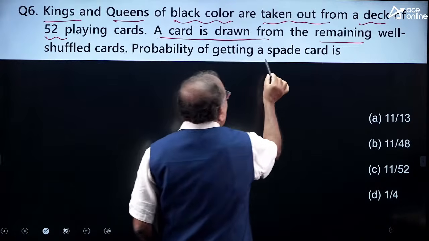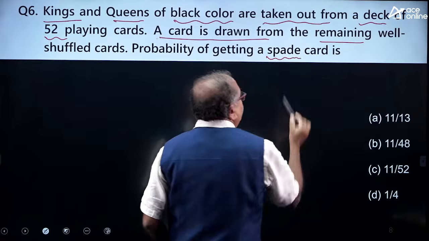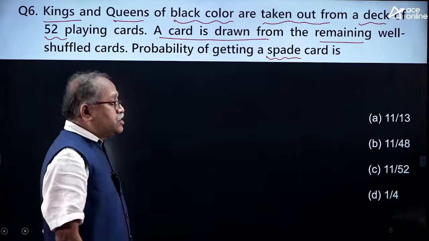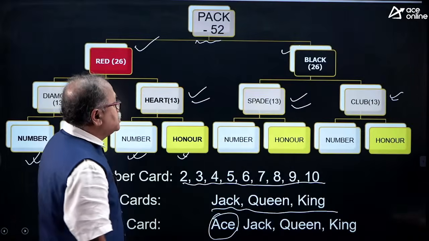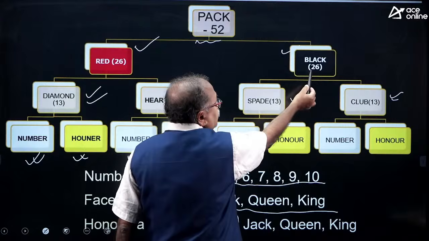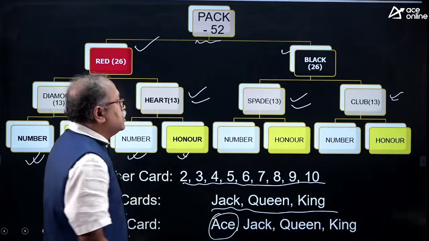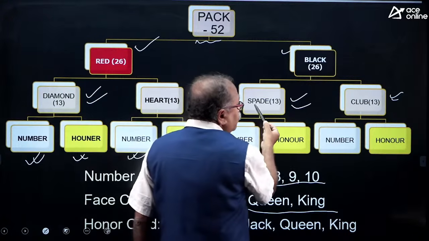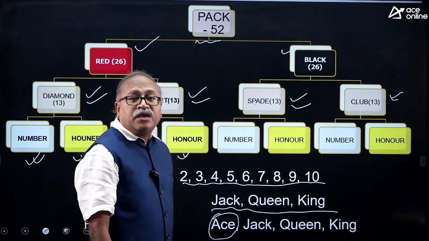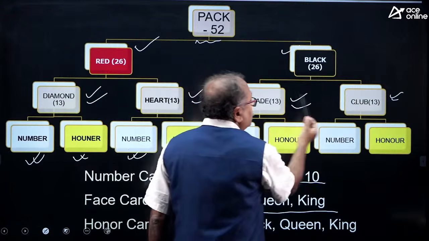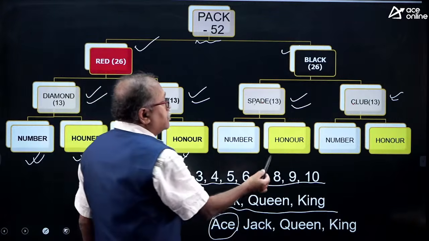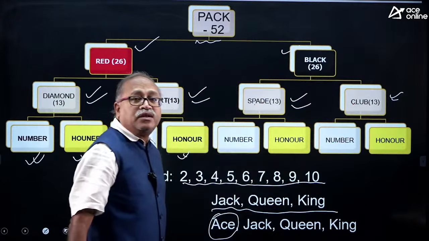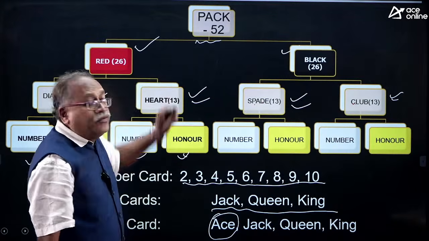What is the probability of getting a spade? Let me tell you that the king and queen of black color are taken out. This is black color. How many kings will be there? One king here and one king here. And how many queens? One queen and one queen. So that is total 4. So from here I have to take out the total 4 out of 52.